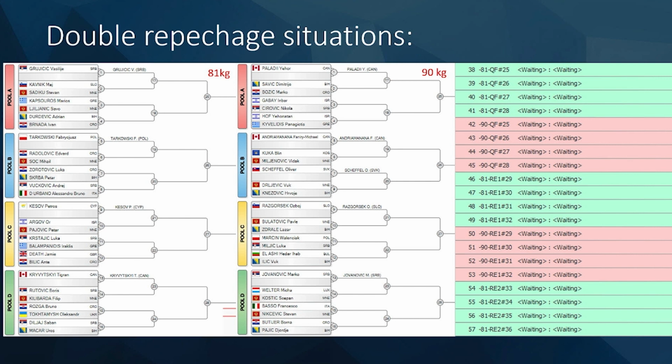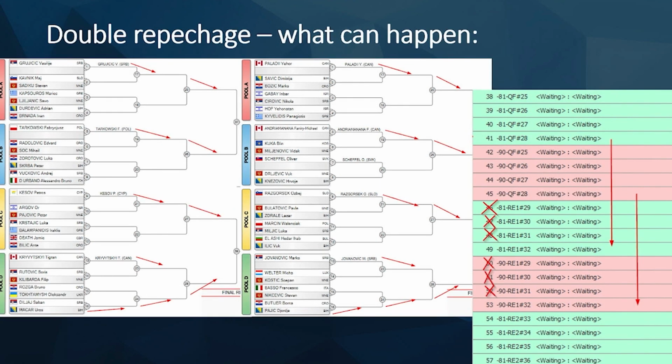Double repechage situations. Okay, go on, Anya. Maybe I can jump in again. This is one situation. You have two categories. They're quite full. Everything looks okay. Everyone has enough time for the repechage to prepare for contests, and then this happens, which is quite often.